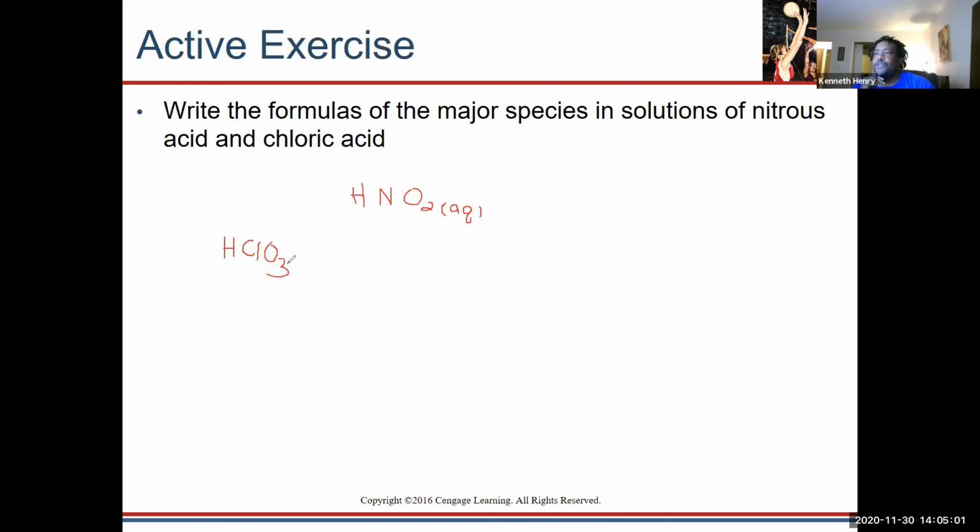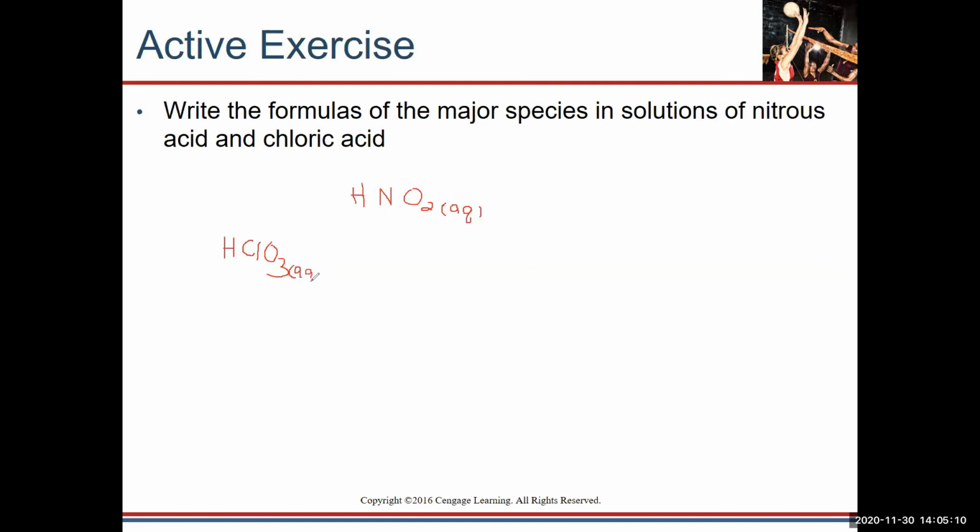Okay, so what's going to happen? What's going to be the major species? Is it going to break down or is it going to stay connected like this? The major species is going to be on the product side.